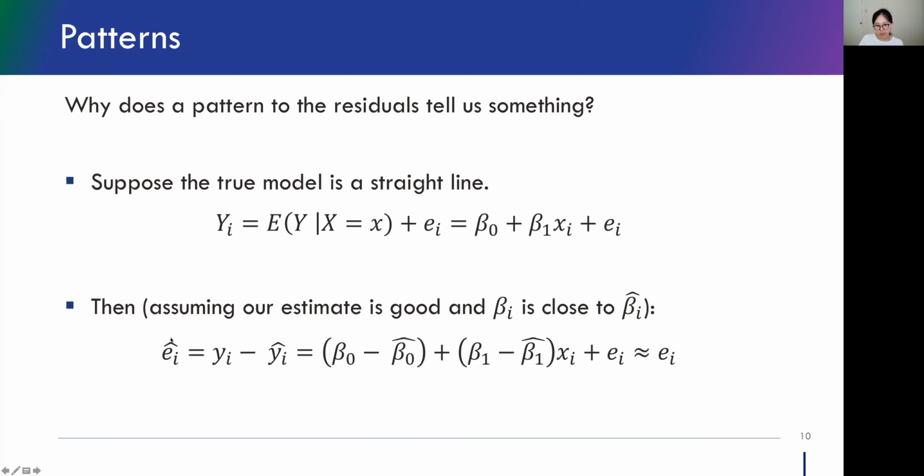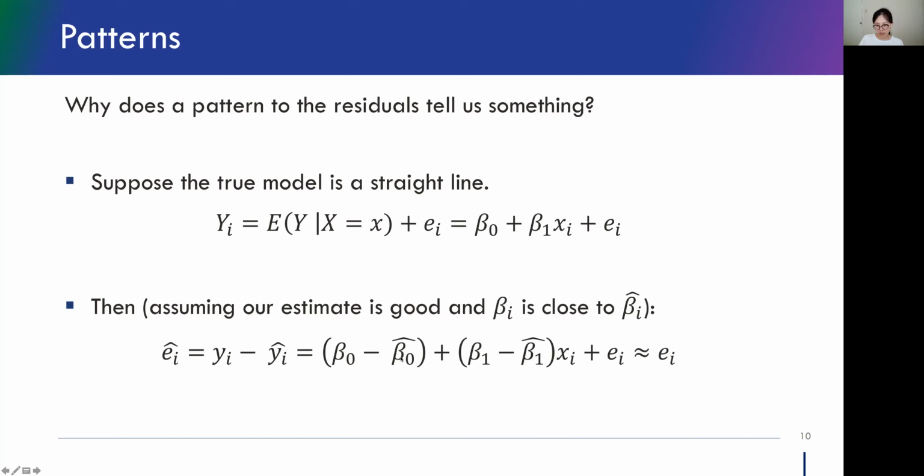So when you take the residuals and write them out, it's just beta 0 minus beta 0 hat, plus this difference times xi, plus ei.